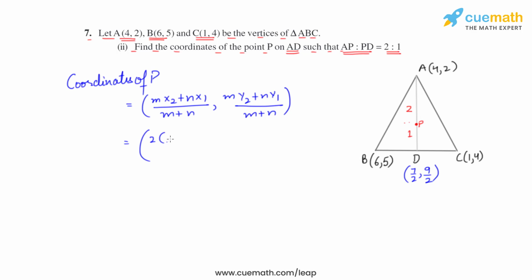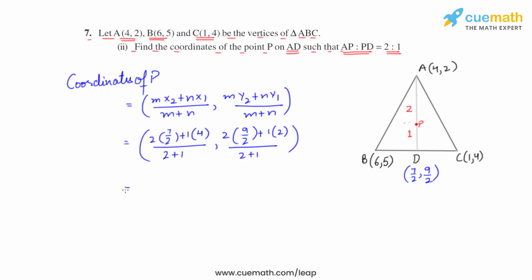So 2 into x2, that is 7/2, plus 1 into 4, over 2 plus 1, comma 2 into 9/2 plus 1 into 2, over 2 plus 1.